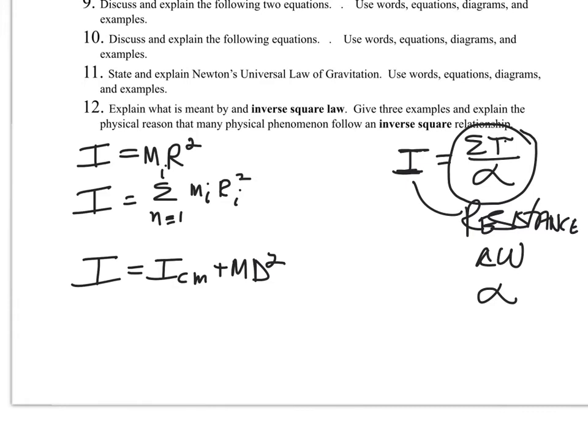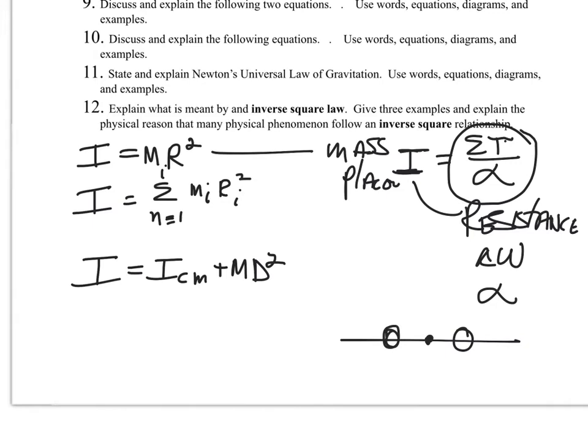Now, in order to calculate rotational inertia, it depends on the mass and the placement of the mass. So if we have an axis here and two masses here, that will be less inertia than if I move the masses out here, further away, and that's captured in this equation.